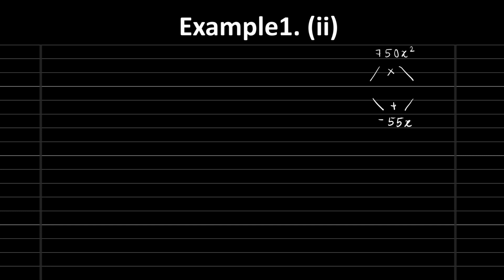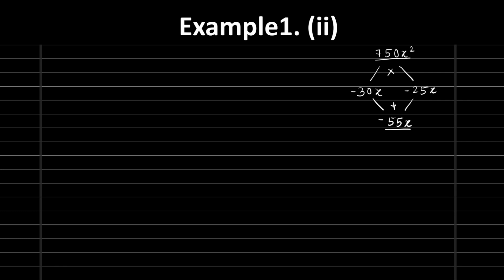So what are such two numbers? If we take minus 30x and minus 25x, you can check. On multiplying these two, you will get 750x square, and on adding these two, you will get minus 55x. Now, how to get these two terms, minus 30x and minus 25x?